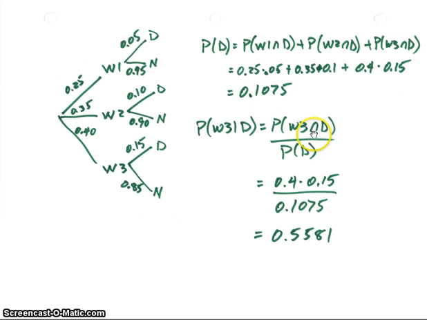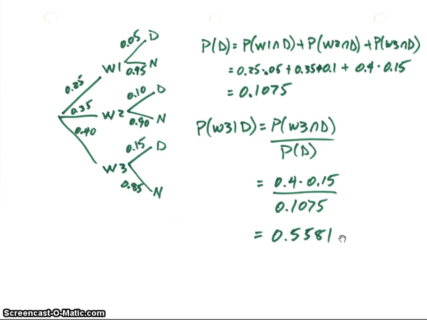The probability of worker 3 and defective is just the multiplication of 0.4 and 0.15 to get out to this spot. And so we multiply those two on top, and we get 0.5581, which is about 56%. So if we know a part was defective, the probability it came from worker 3 is about 56%.